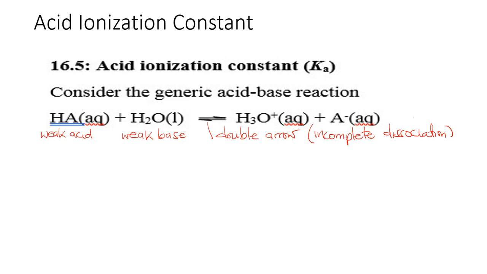So the equilibrium constant for a weak acid and a weak base, or the equilibrium constant for a weak acid in water, is called the acid ionization constant.